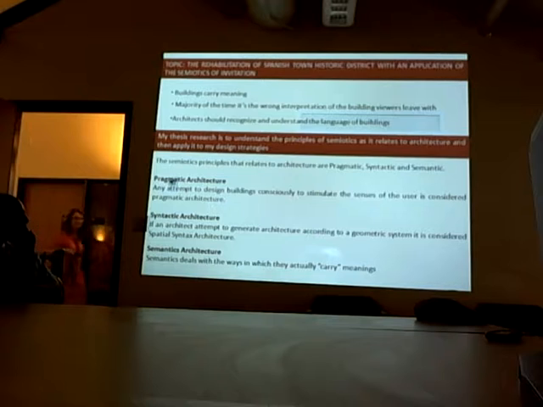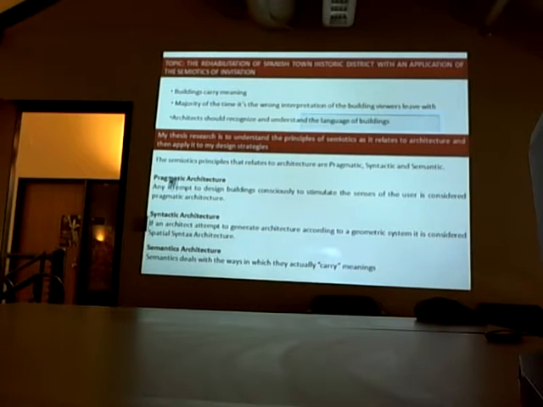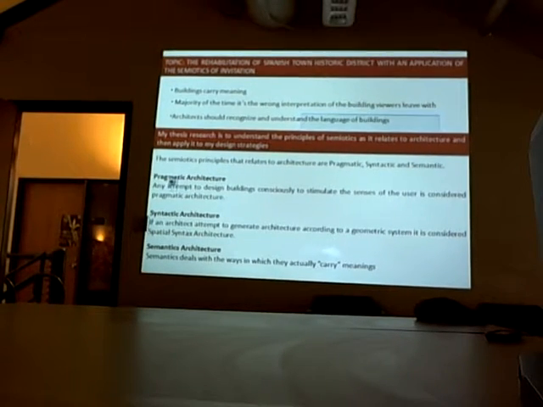For my research, I found that there are at least 9 principles of semiotics, but there are only 3 that relate to architecture, which are pragmatic, syntactic, and semantic.